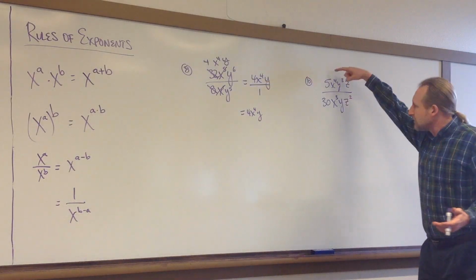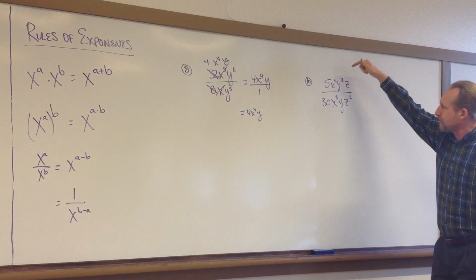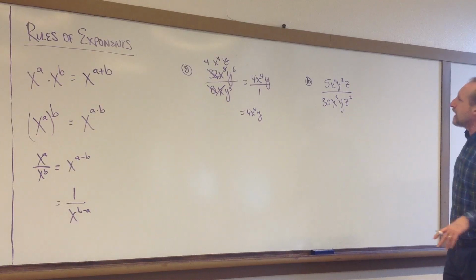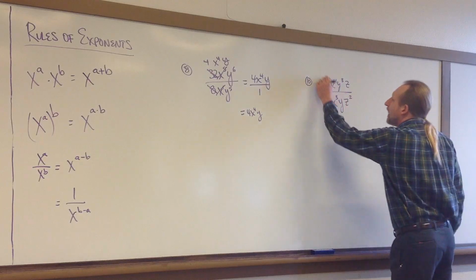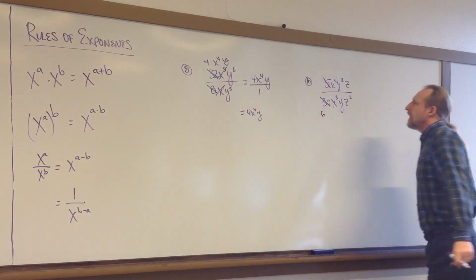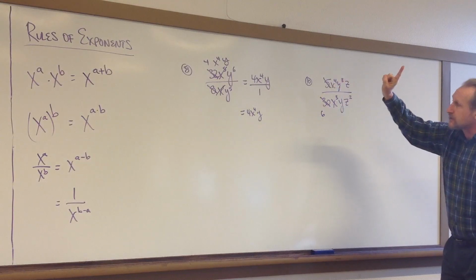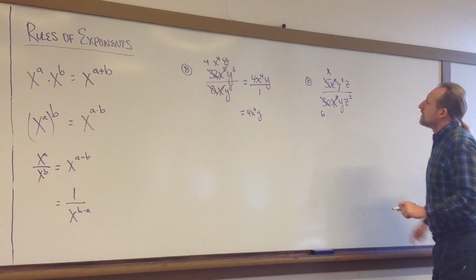Okay. So, again, just like when we were doing the problems on the last assignment where I said, let's consider the coefficients separately, then the x's separately, then the y's, then the z's, right? Handle each one separately, do all the canceling, and then see what's left over. So, 5 goes into 30 6 times. These 3 x's will cancel out 3 of these and leave 1 left over, x to the first on top.